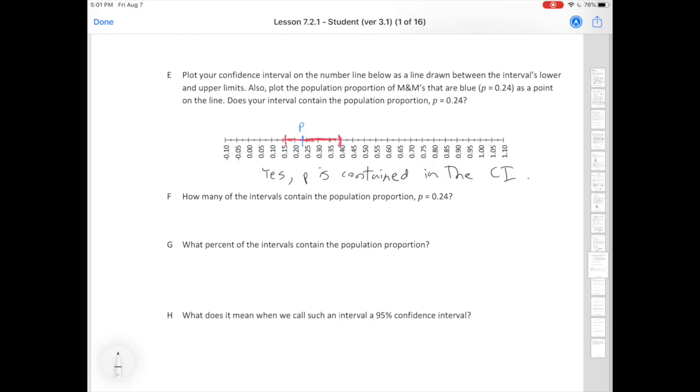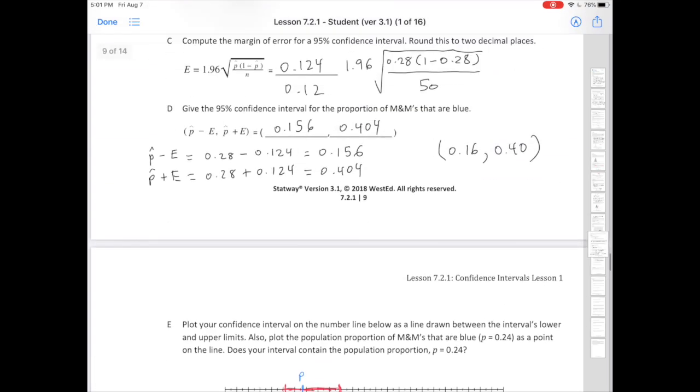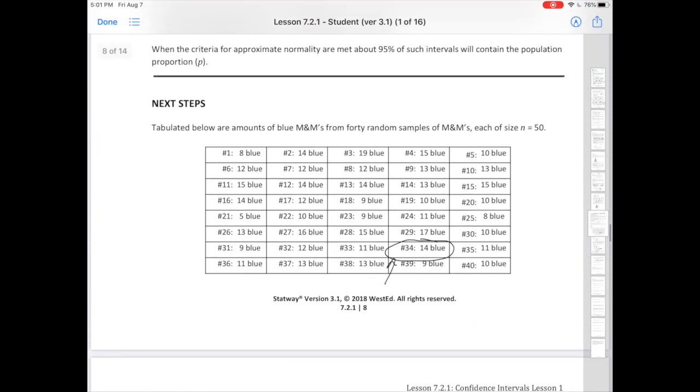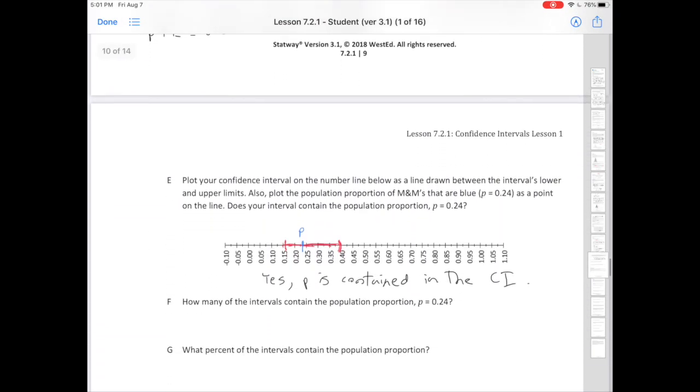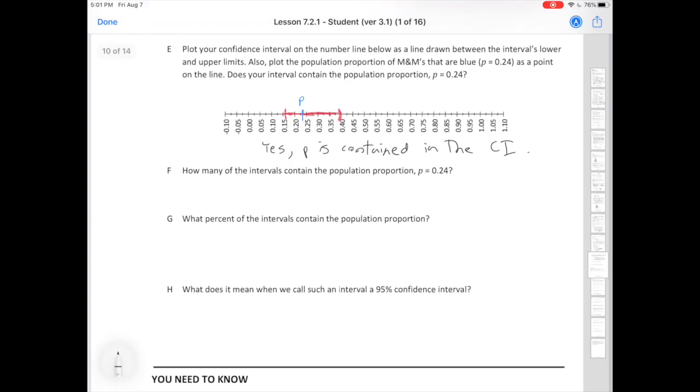But if you actually do work it out from all of those samples above, in other words, what I'm saying is there are 40 of them here, right? There are 40 different samples. And so if you do it with all 40 samples, you'll actually see that all of them except for 2 contain it. So how many of the intervals contain the population proportion?